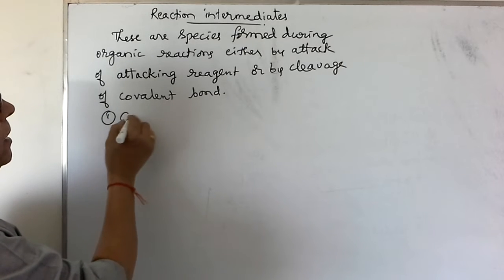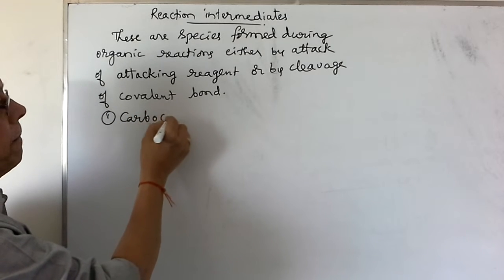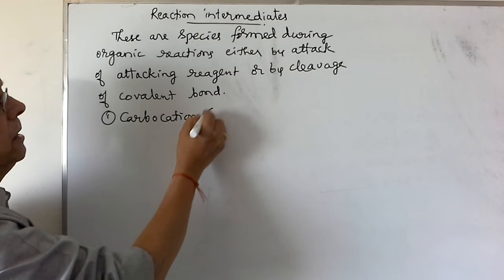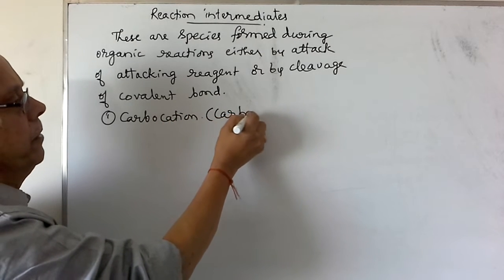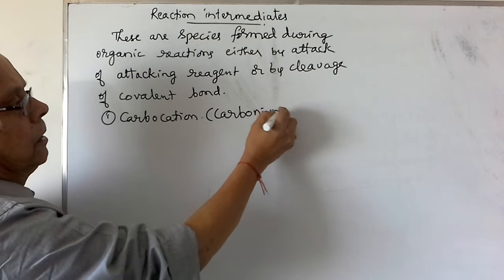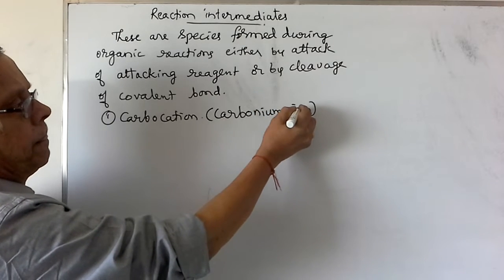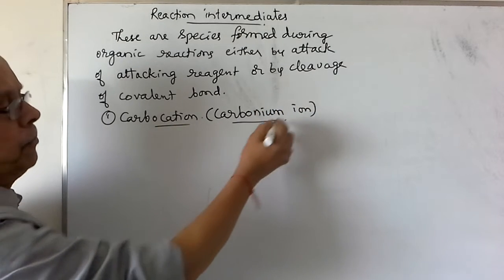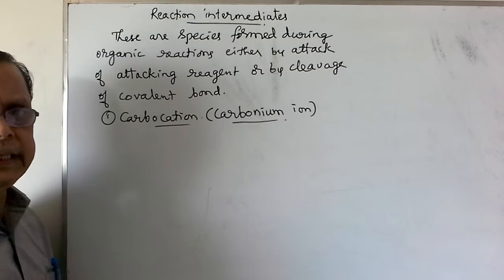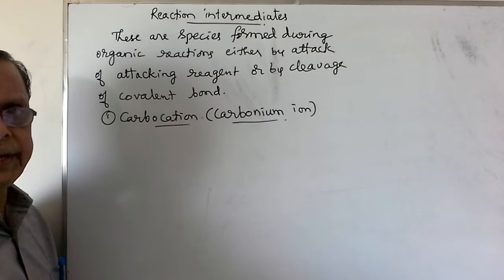The first one is carbocation. This is also called the carbonium ion. This carbocation or carbonium ion is formed by heterolytic bond cleavage.